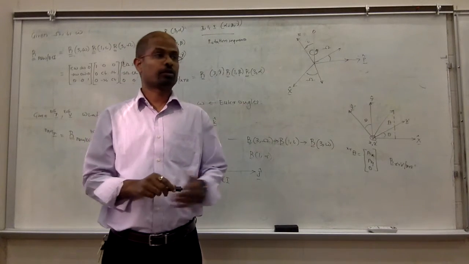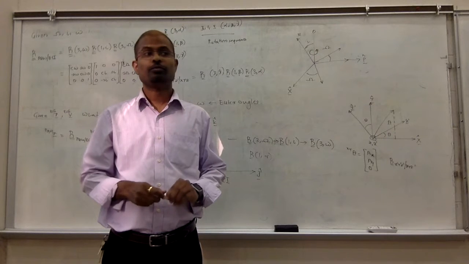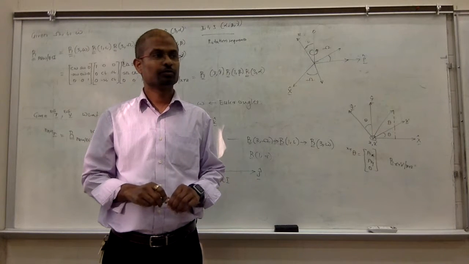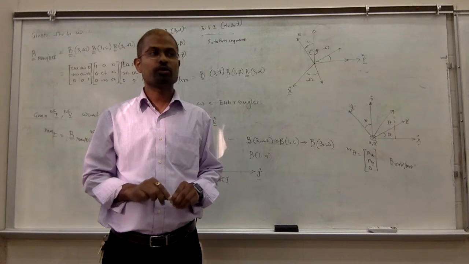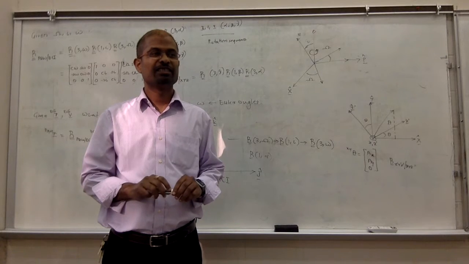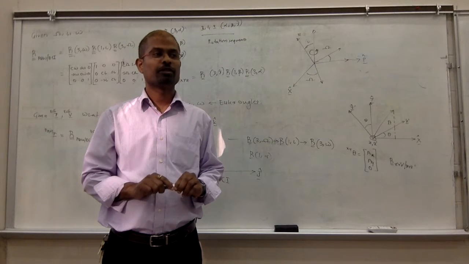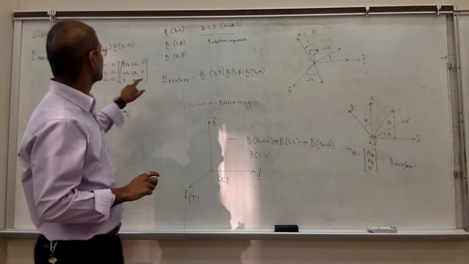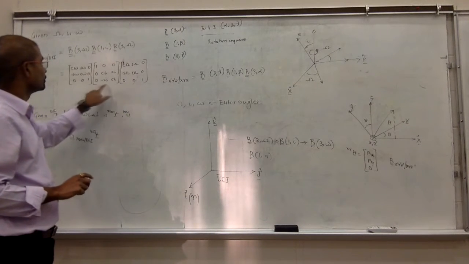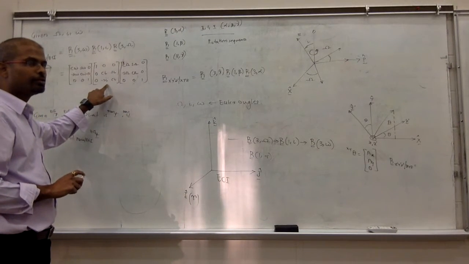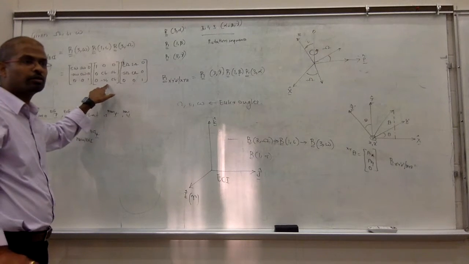What is it? What is this, guys? We have been doing this all the time. It'll be the 1 0 0, 0 cosine theta, which one of these will it be? It'll be the middle one. What is rotation about z?